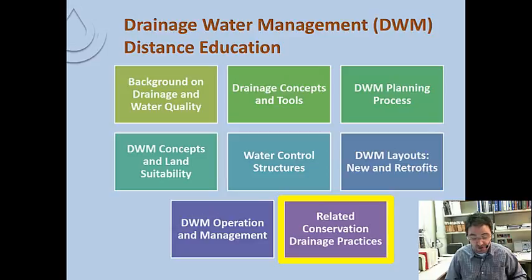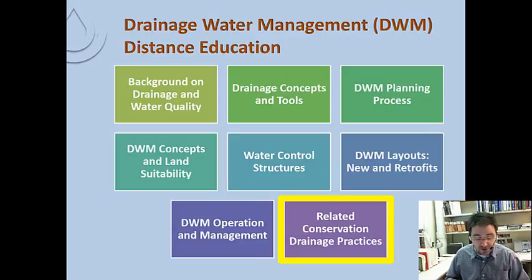So there is a sense of urgency right now. There's a sense of urgency through some of these state nutrient reduction strategies that there is a need and an urgency to get implementation of practices that can reduce nutrient loading. There's a sense of urgency as new drainage systems go in. Now is the time to incorporate drainage water management into that design.